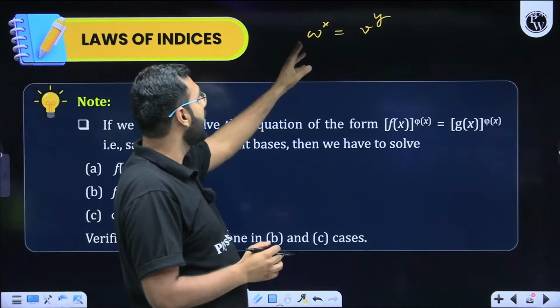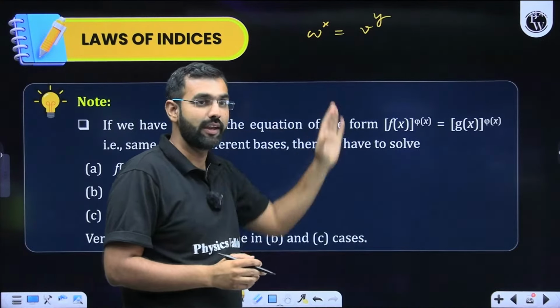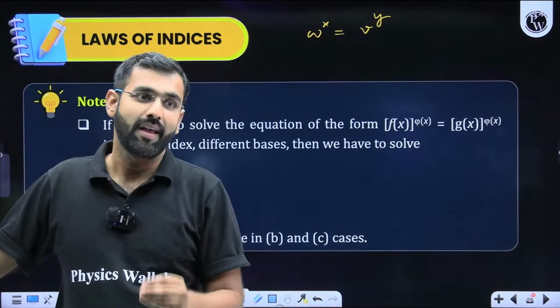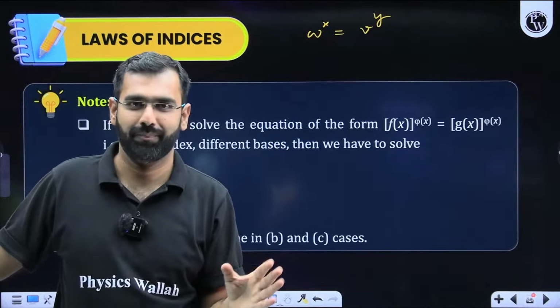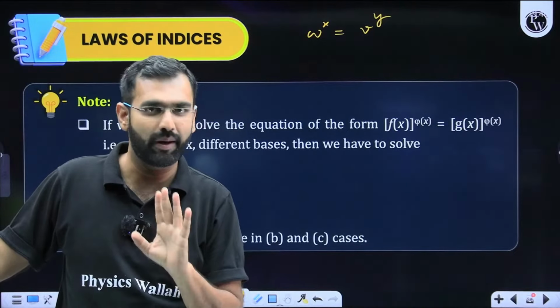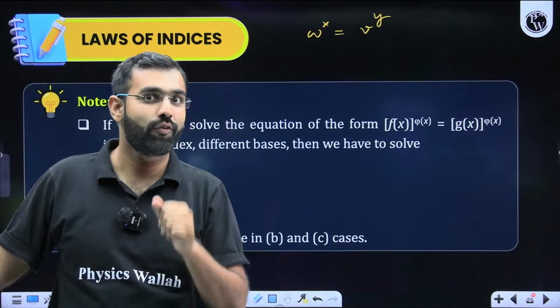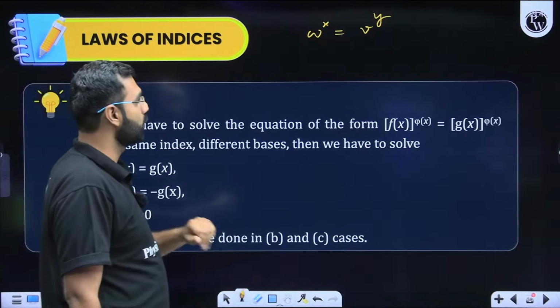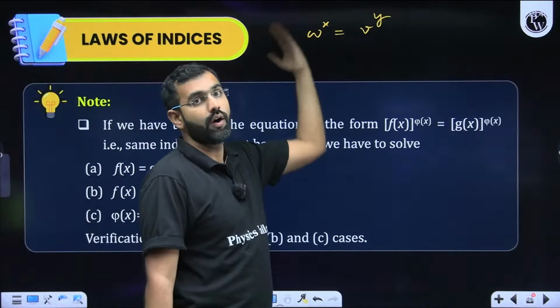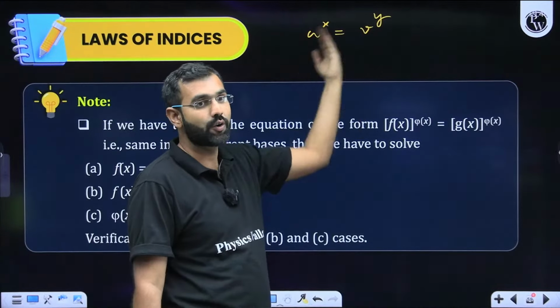So here I'll say that x and y and w and v all are variables. First part, I hope you have understood that. Now from here, when I go ahead with this conclusion, what kind of conclusions do we draw? We'll draw conclusions based on these 3 conditions.